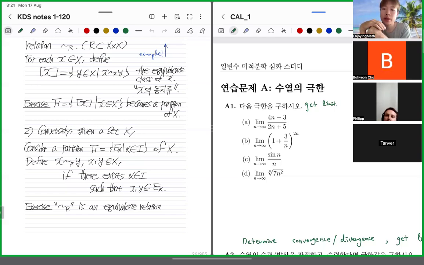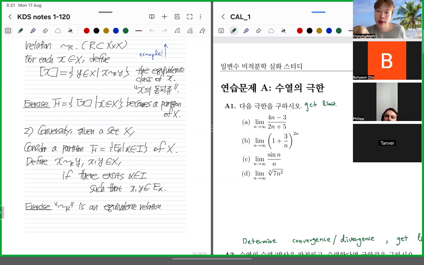For example, Philip, please tell me the limit as n goes to infinity of (1 plus 3 over n) to the power of 2n. Then you have to tell the answer immediately, or you can just explain the process and then tell the answer. For example, in A1 sub question B, we have (1 plus 1 over n) to the power of n, which is exponential.